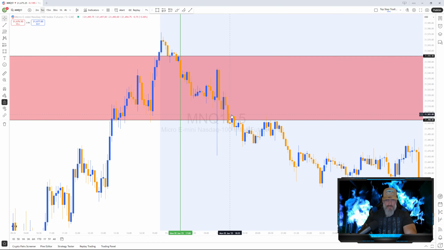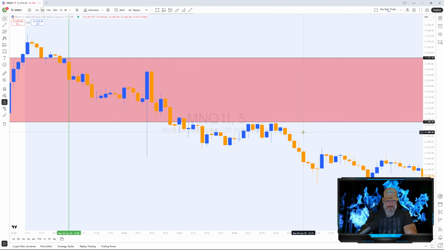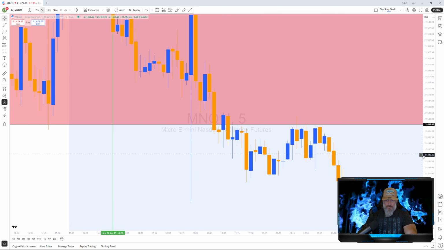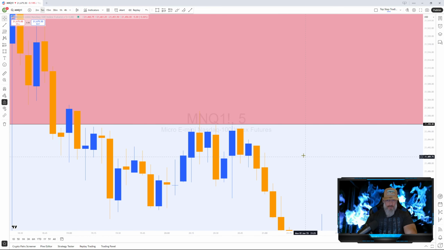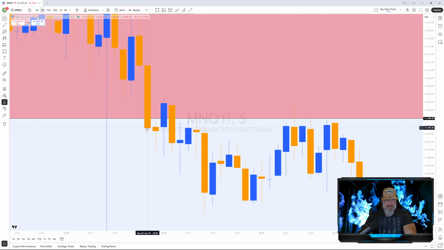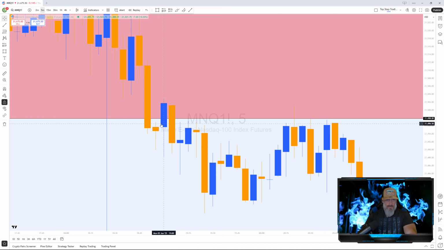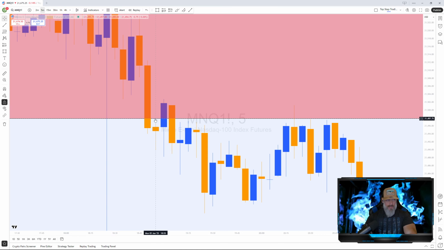There is our retest right there. Let's zoom in on this. A 5 minute candle closed, then the next 5 minute candle entered. This is our entry point, right at the bottom of our zone. If this candle does not touch our entry point, we don't get in.